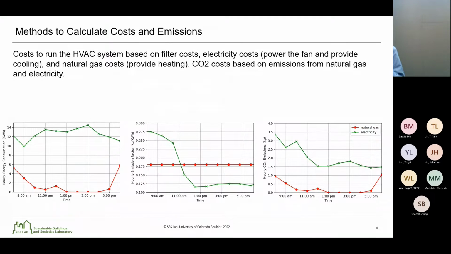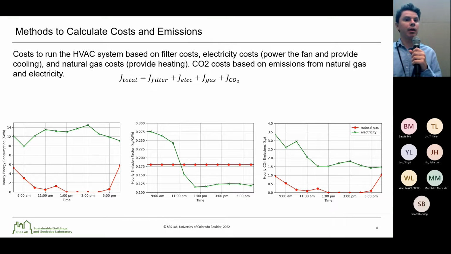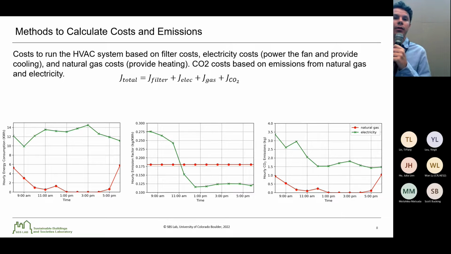And then, as well as determining indoor air quality for these different mitigation strategies, we want to calculate the energy consumption and then associate with that the costs to run the HVAC system, as well as the associated CO2 emissions. For this, we calculate the costs based on filter costs to purchase and replace the filters, as well as maintenance, and then electricity costs based on powering the fan and providing cooling in the HVAC system, and then natural gas costs based on providing heating to the HVAC system.